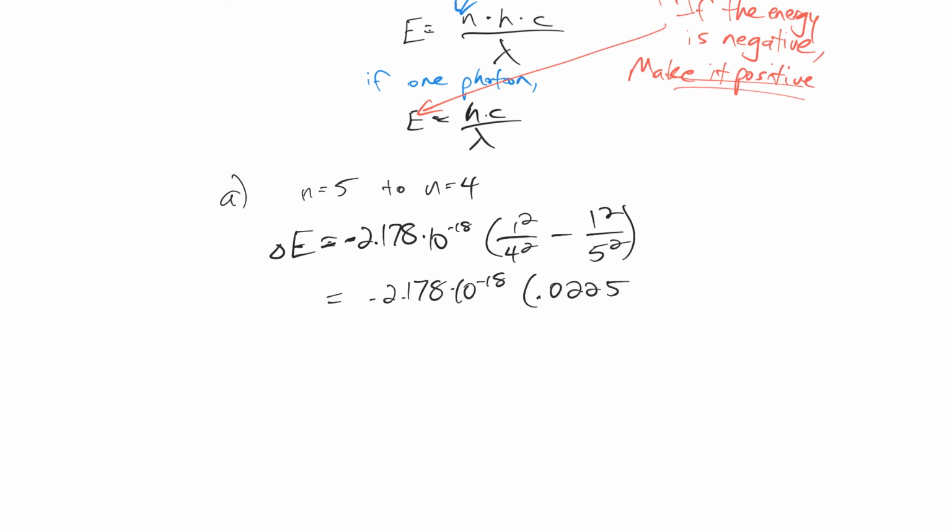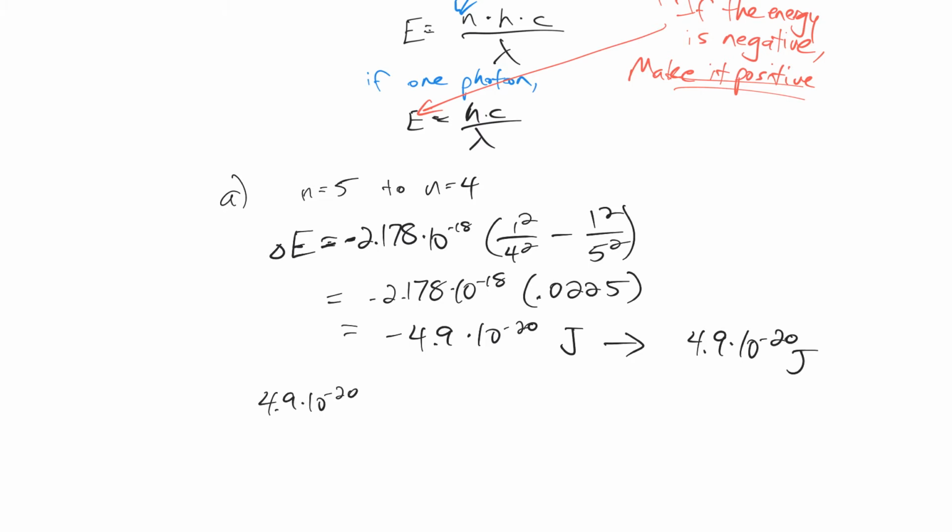And by the way, your red numbers may be different from mine, but if you had the 5th to the 4th principal energy level, then you'd be along these same lines. Note that when I crunch this, I'm getting a negative number of joules. Go ahead and make that a positive 4.9 times 10 to the negative 20th joules when we go to plug into the next equation.